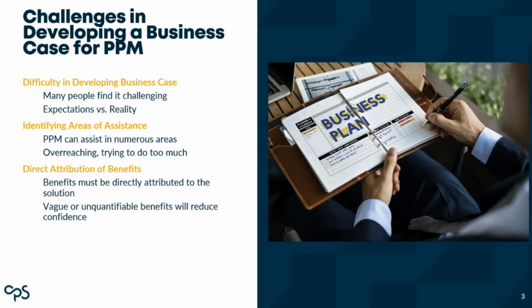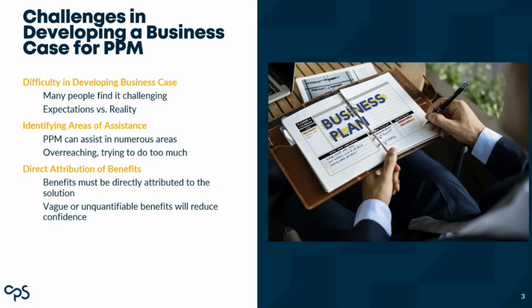The other thing we see a lot is benefits cases being produced based on very big numbers put up in the air. So a lot of people will just say, well, I've got 1,000 projects and 10 million pounds worth of work. If I save 10% of that, then I'm going to save £1 million. Great. How?